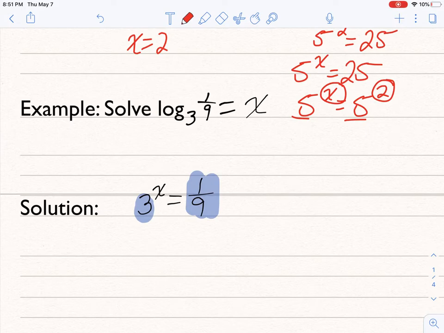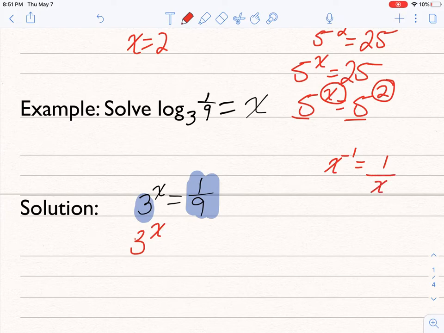Again, I can write this 1/9 in the same base as my left side. So I've got 3 to the x is going to stay the same. Well, if you remember, how do we get something down to the numerator? We talked about with negative exponents. If I have x to the negative first, that is really 1 over x.